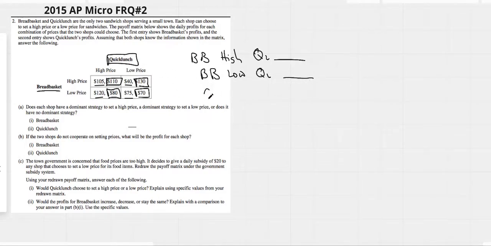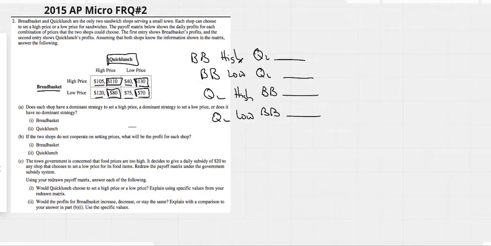Then we could flip it around and say Quick Lunch only has two choices. Quick Lunch could go high or Quick Lunch can go low. If Quick Lunch goes high, Breadbasket will make a decision. If Quick Lunch goes low, Breadbasket will then make a decision. Remember, oligopolies are interdependent. The choice of what they do depends on what the other firm does.